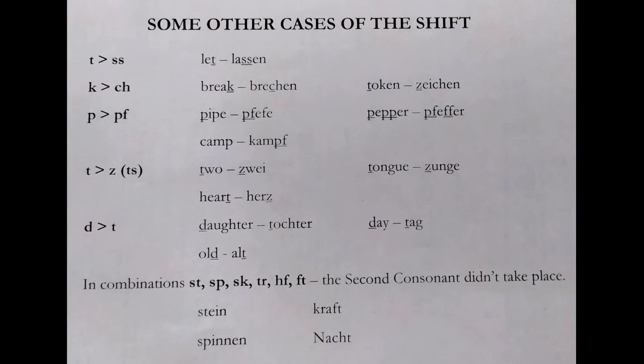Stein is translated into English as stone. Kraft, the same. Spinnen, in English it is to spin. And Nacht. Nacht is translated into English as night. Here, these words remained unchanged as a result of the second consonant shift.